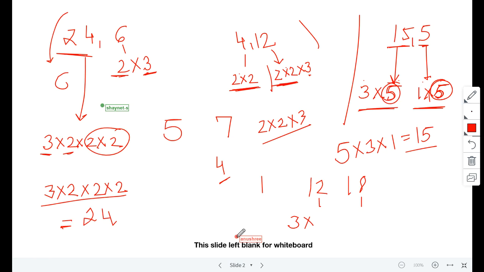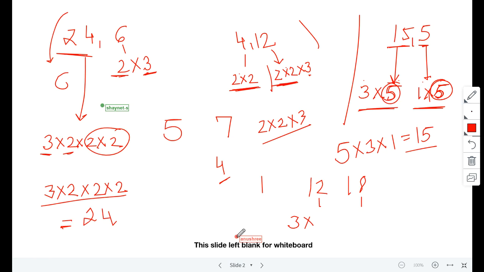Split 4 into 2 prime factors. What are those 2 prime factors? How can you split 4 into 2 prime factors?